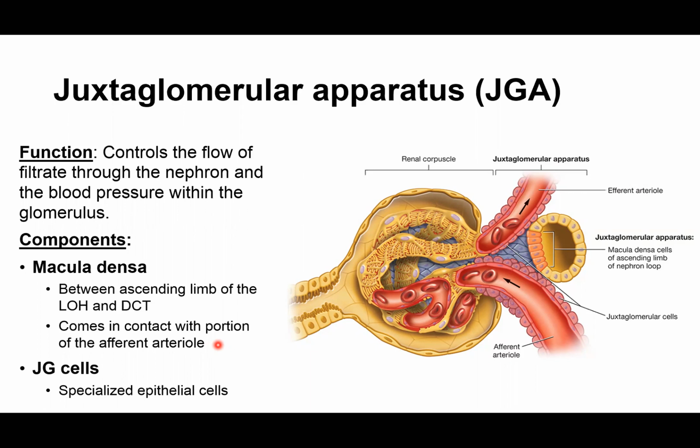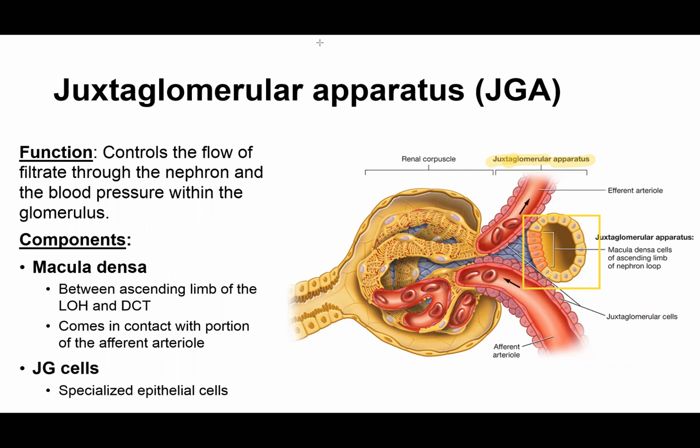I say that because juxta means beside, glomerular means glomerulus, and apparatus. So it's the structure beside the glomerulus, and for all intents and purposes, it is this thing right here. Okay, let's talk about it.